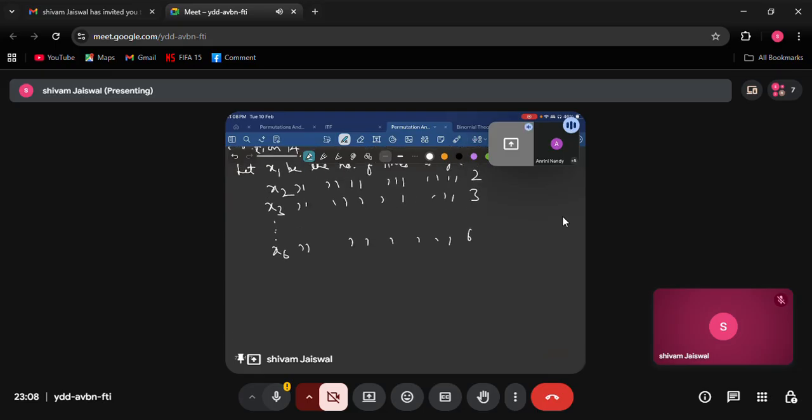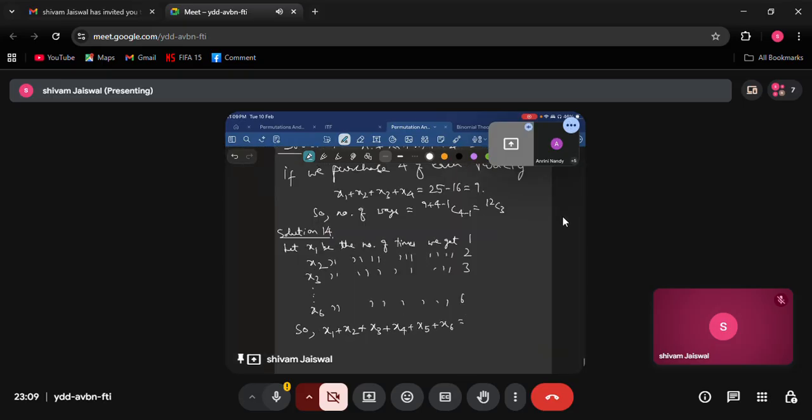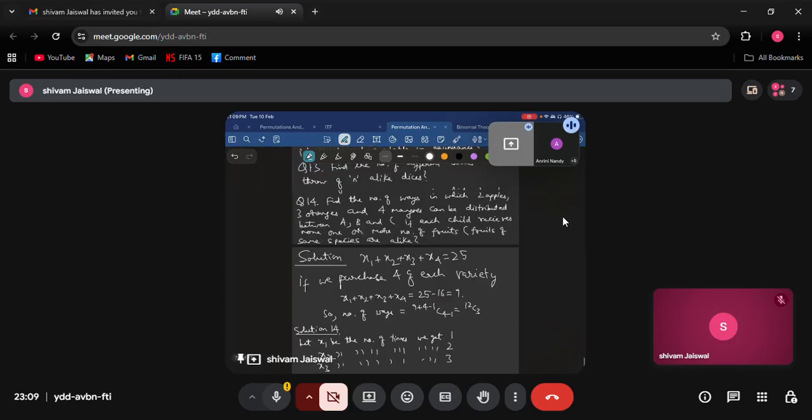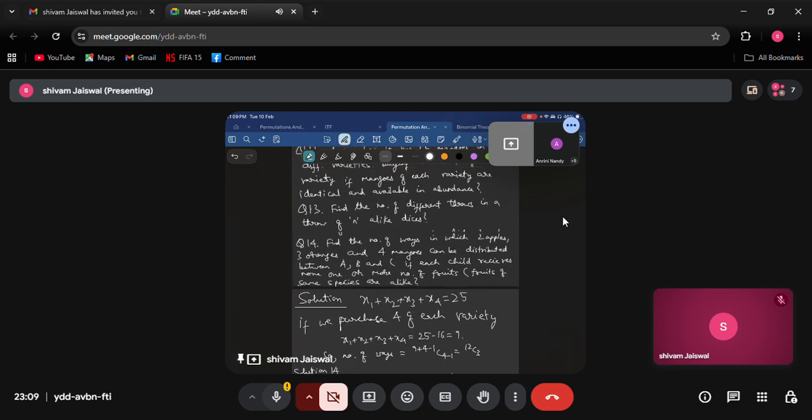x6 is the number of times we get 6. So what should be x1 plus x2 plus x3 plus x4 plus x5 plus x6? Tell me, the total number of dice. How many dice are there? n dice.